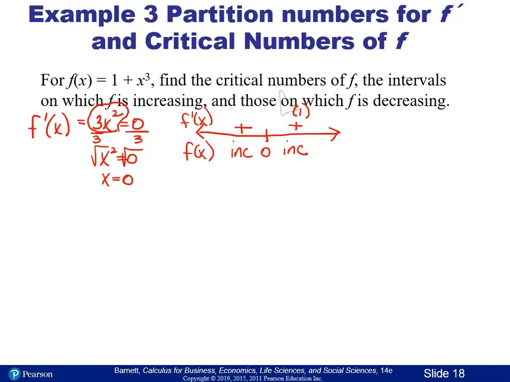So we would say that it is increasing for all x. We don't have what's called relative extrema, because in order to have a relative maximum or a relative minimum, we would actually have to have a sign change here, and we don't have a sign change. It kind of flattens off and has a horizontal tangent, but then it increases again. So it looks something like that.